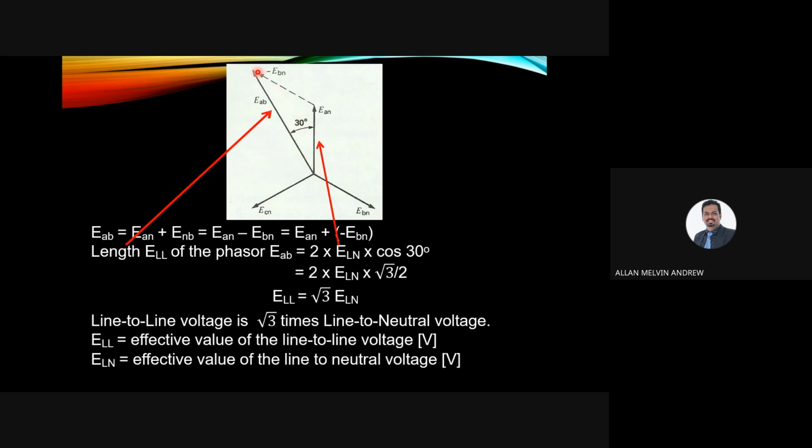If you want to get this arrow, you need to find EAN plus ENB. But since the direction is reversed, this is actually a negative EBN.